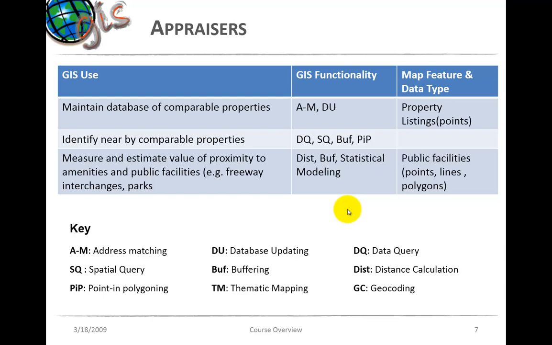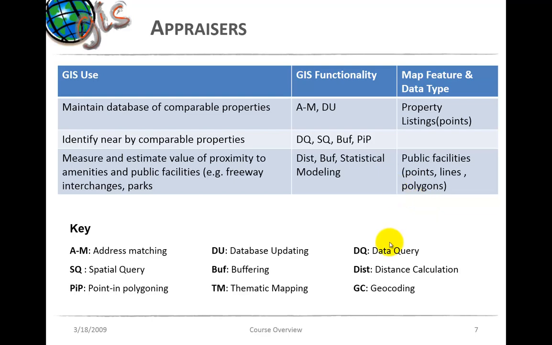As an appraiser, you'll be using property listings, which could be points, with a lot of assessment data, valuation data, rents, and all that good stuff in the database. You will also be working with public facilities and area amenities. For the final project you are responsible for creating a grocery shapefile. The same kind of stuff can go into this, creating points, lines and polygons depending on what you need.